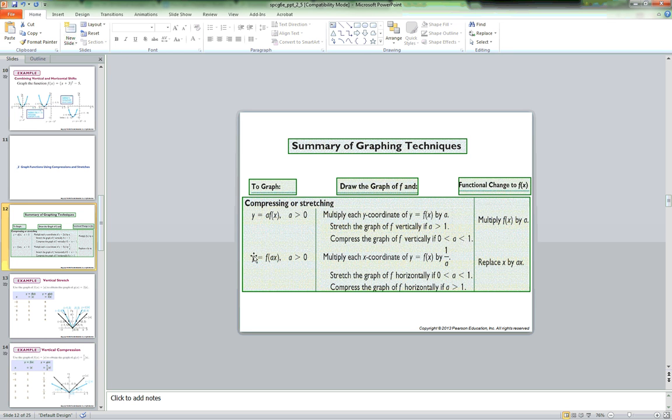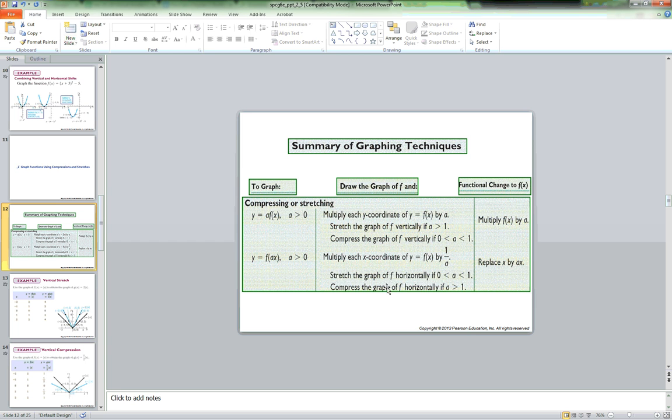If we multiply the interior of our function, our x values, so if we replace x with a times x, where a is greater than 0, we multiply each coordinate by 1 over that a value.